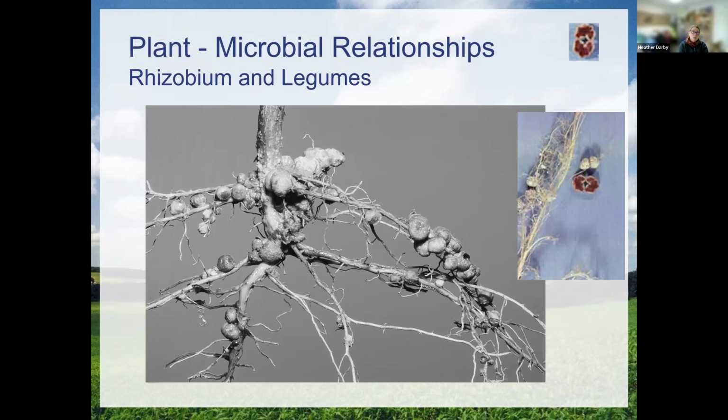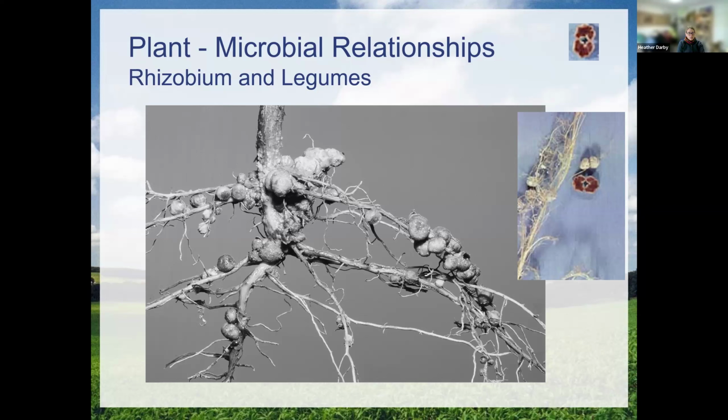We have clover, we have white clover, alfalfa, bird's foot trefoil. Those are some of the most common legumes here in Vermont, but soybeans, dry beans, peas, lentils, all the leguminous crops that we grow or people grow can have an association with a bacteria, and there's different ones.